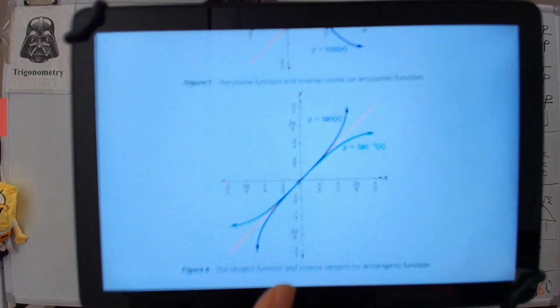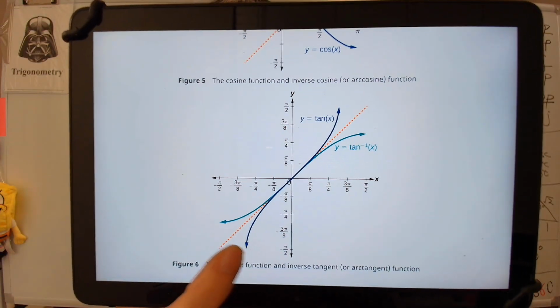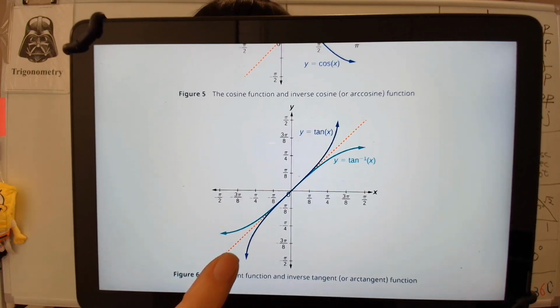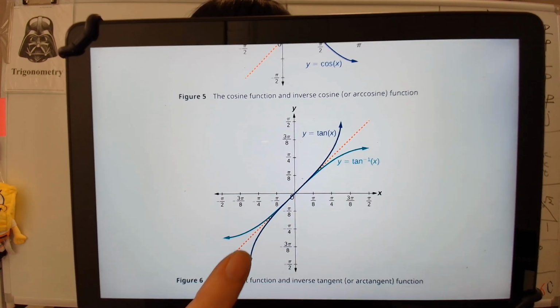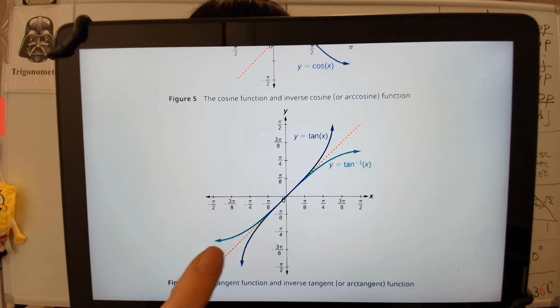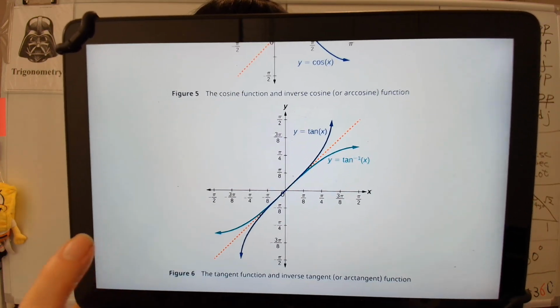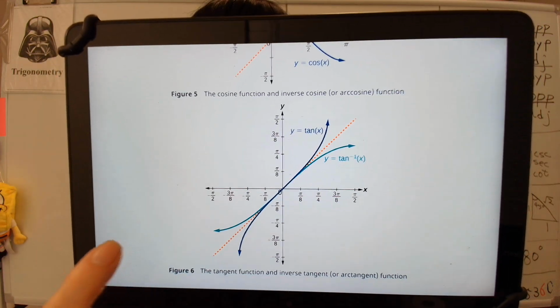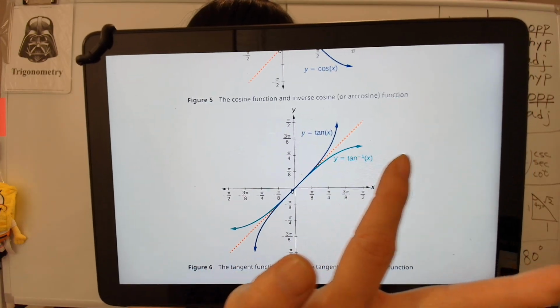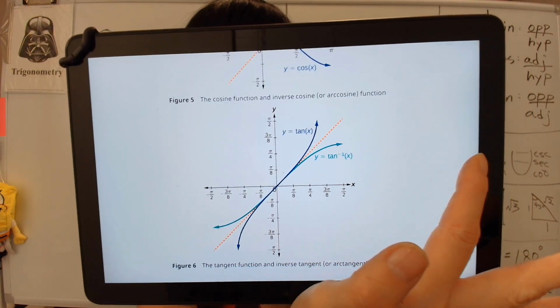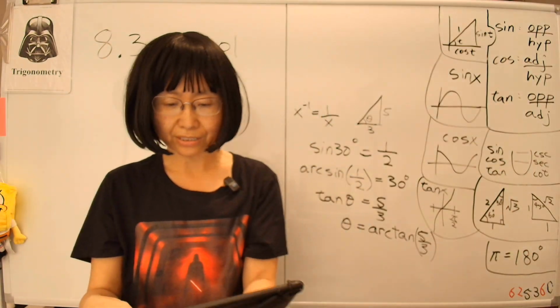It again is drawn this way, although the inverse tangent function doesn't actually stop. You see the arrow here? It goes this way along an asymptote, the same as here. The inverse tangent function will keep going along that direction.